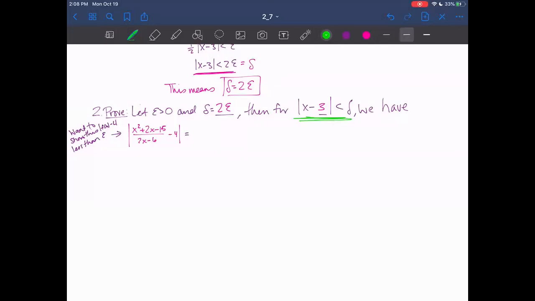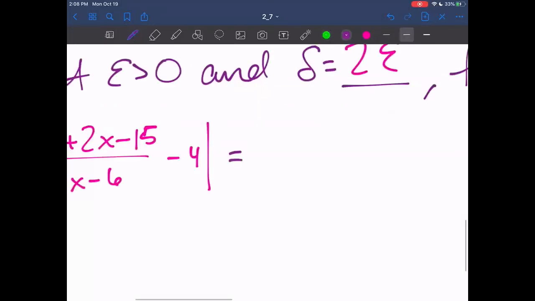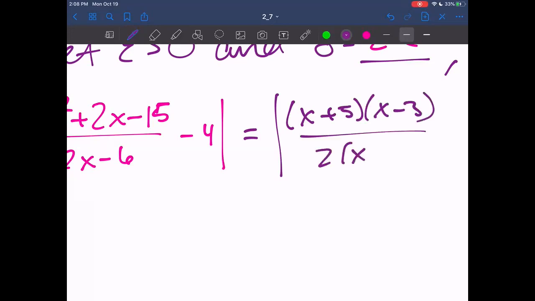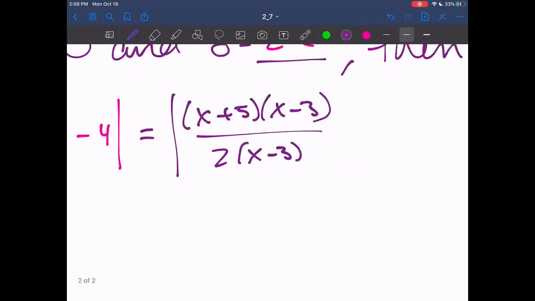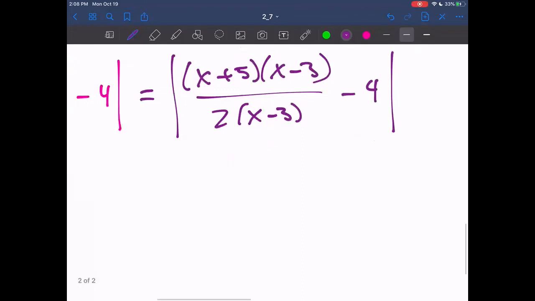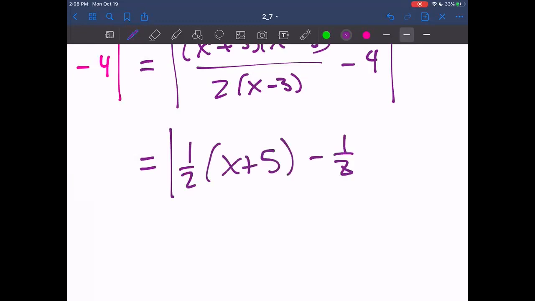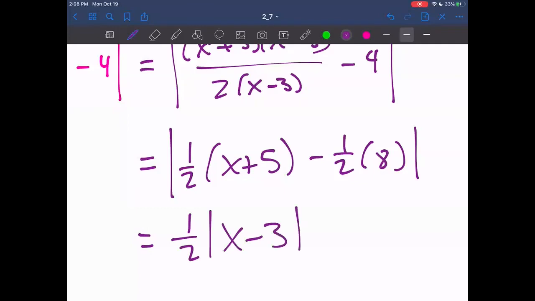So we'll factor: (x plus 5)(x minus 3) over 2(x minus 3), minus 4, is equal to 1/2 times (x plus 5), minus 1/2 times 8. So it's 1/2 times absolute value of x minus 3.